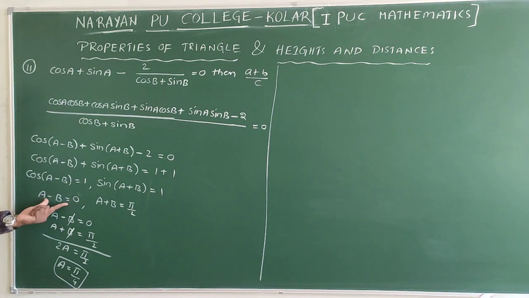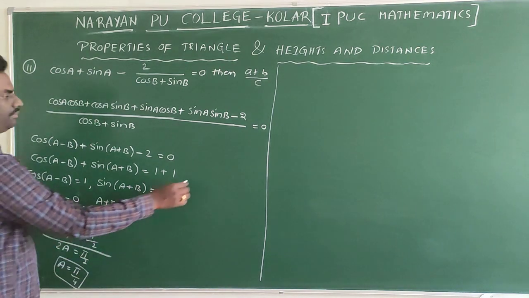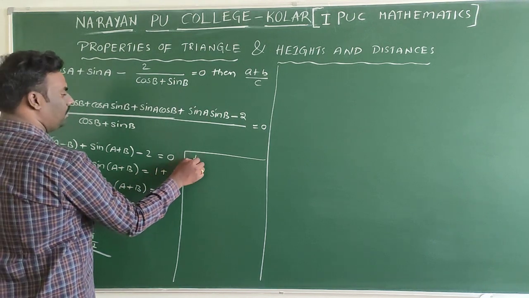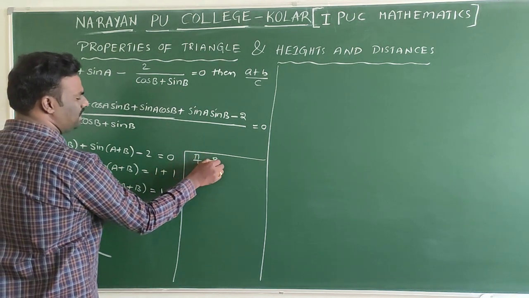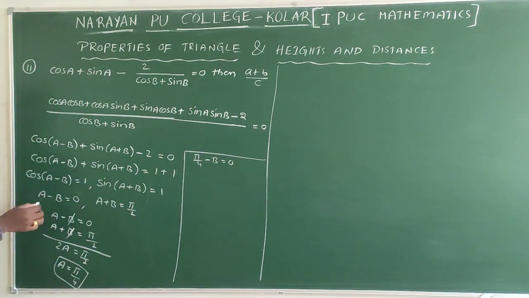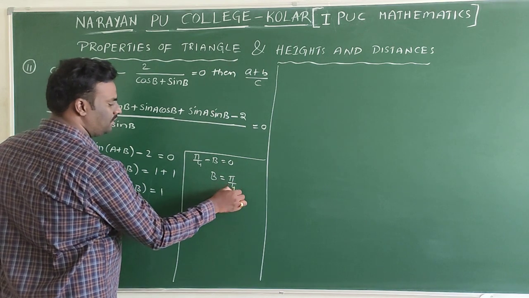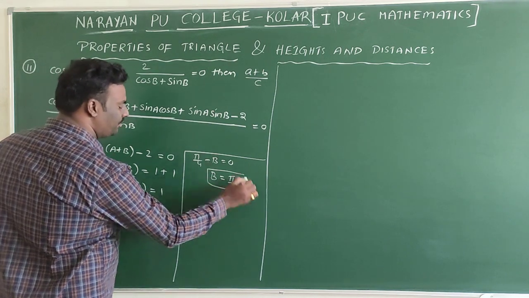If you substitute A value here, then pi by 4 minus B also 0. I am taking this as equation 1. You substitute this value in equation 1. So from this you will get B also pi by 4.